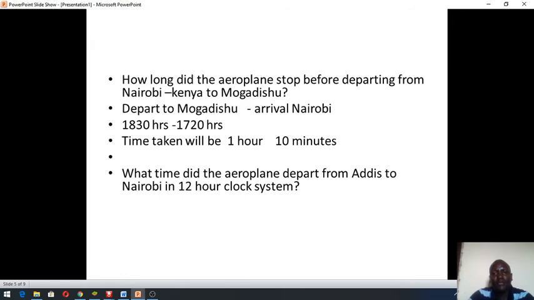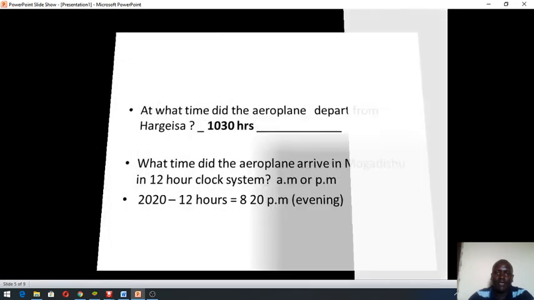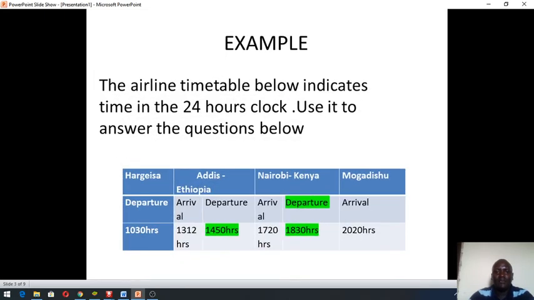What time did the airplane depart from Addis to Nairobi in 12-hour clock system? That means we check on departure from Addis, from the table. That is 1450 hours.